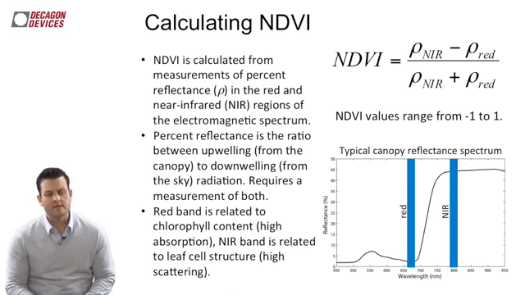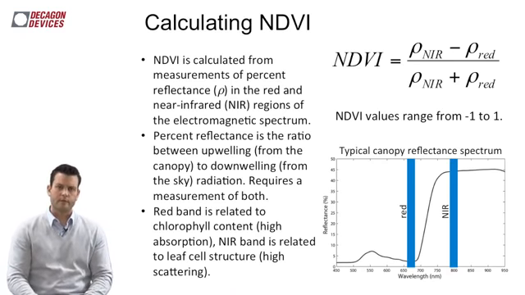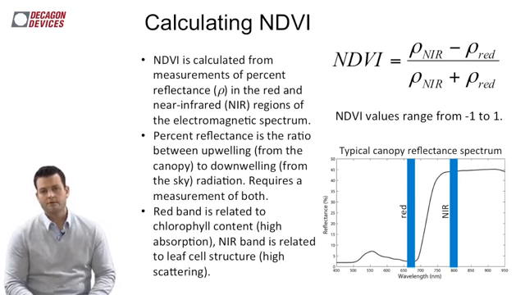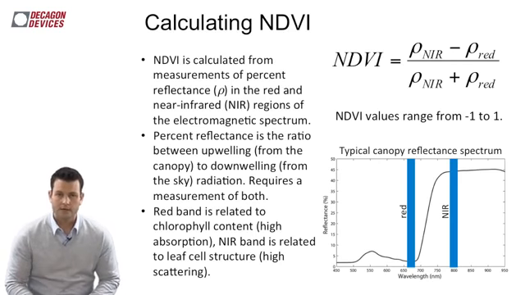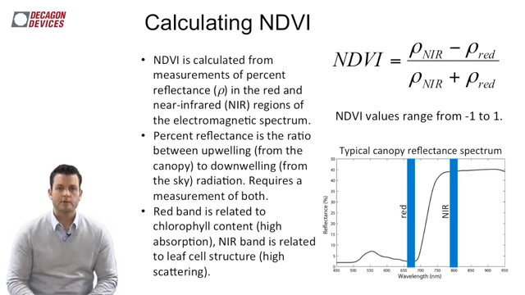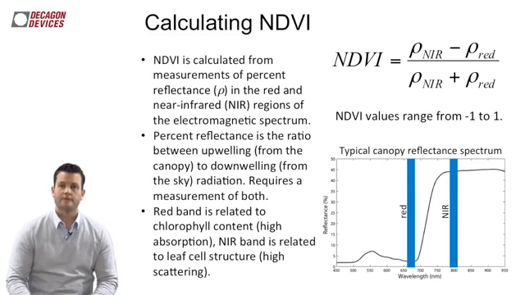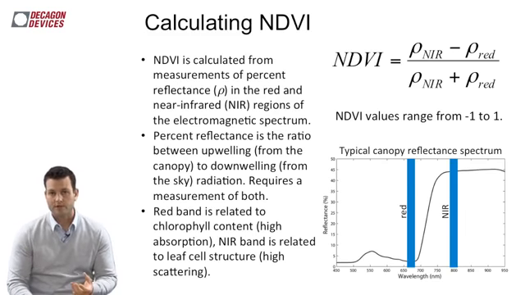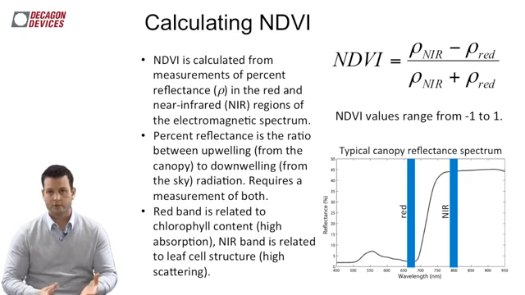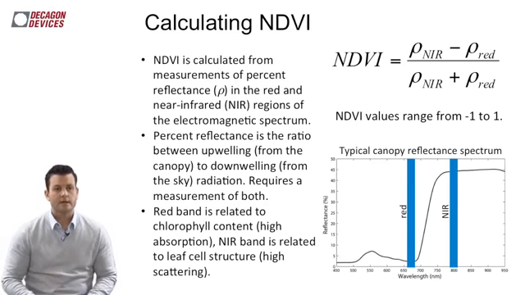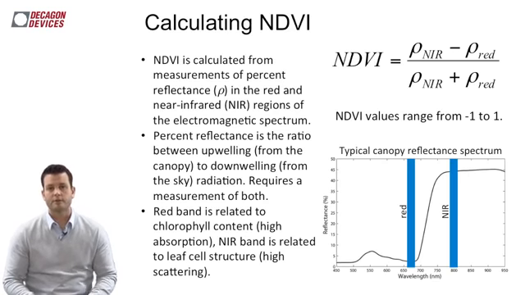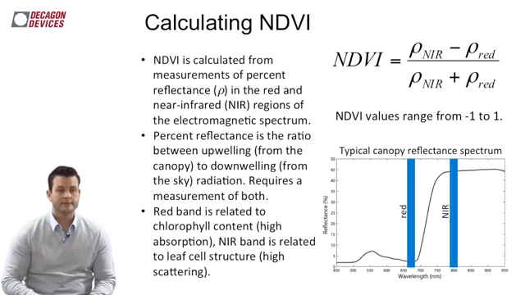The reason that the NDVI is formulated with red and near-infrared bands is because red is very strongly influenced by chlorophyll content, whereas near-infrared is really related to leaf cell structure and air spaces within the leaves. As leaves expand and mature, the cell structure changes, and that can have a very strong influence on near-infrared scattering.